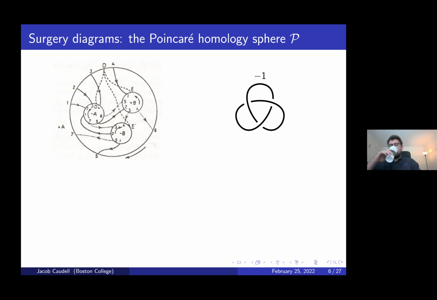And I know that the numerator of this fraction has got to be 7 because I end up with a 3-manifold whose first homology is Z mod 7Z. And we have another interesting surgery. This is reminiscent of the E8 Dynkin diagram presentation of the Poincaré homology sphere.